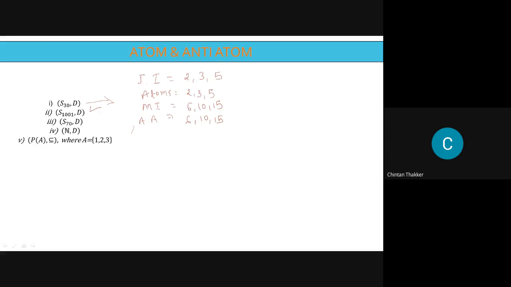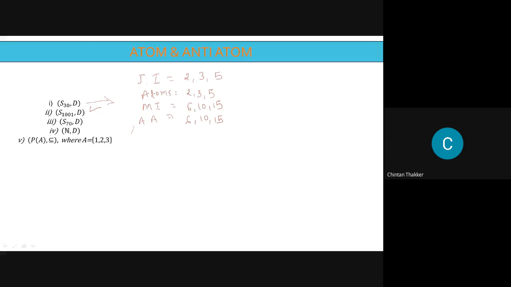Here you have to first draw the Hasse diagram. So you got the answers: meet irreducible, join irreducible, atoms and anti-atoms. Join irreducible means only one line coming from the downside.